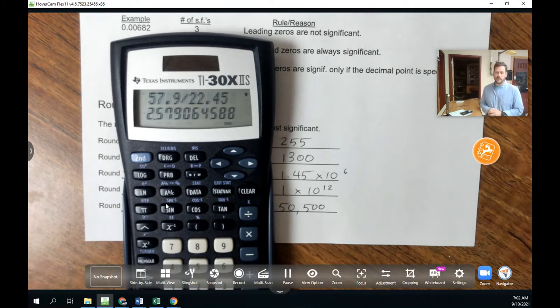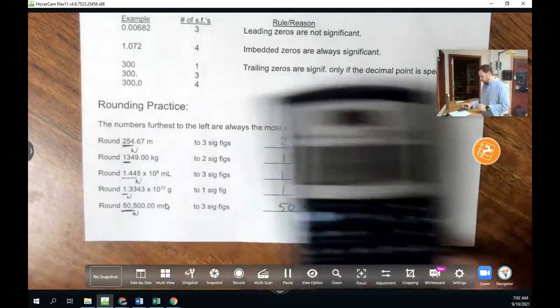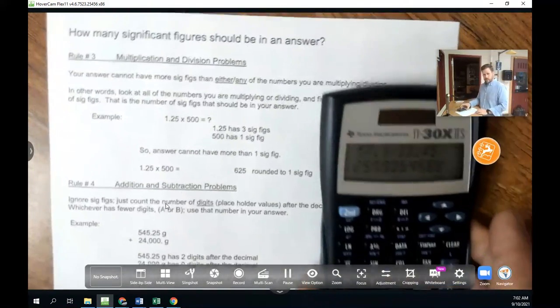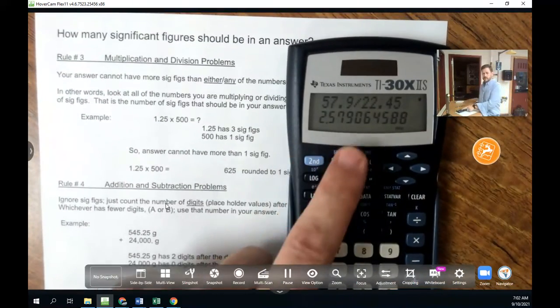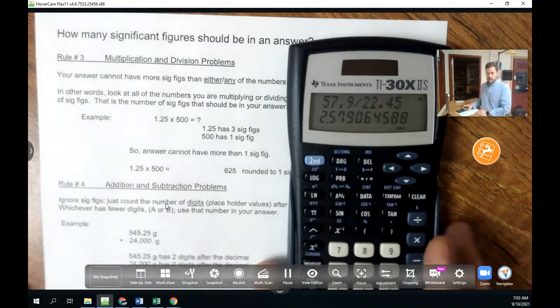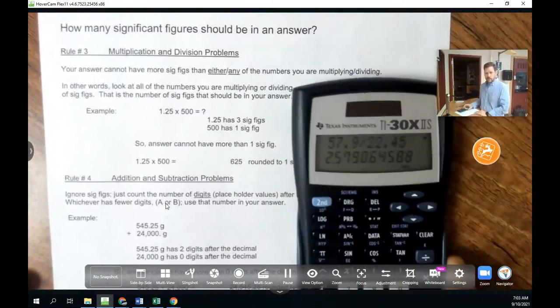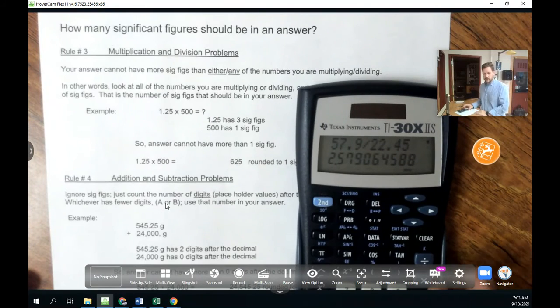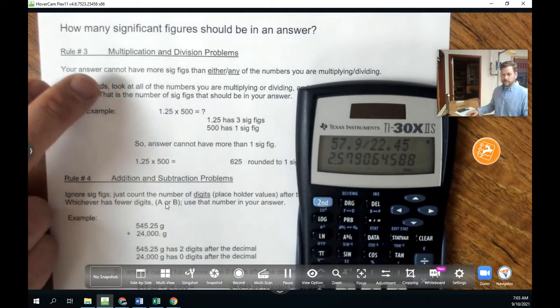So next we're going to talk about how to know how many significant figures to round our answer to. On the back of the page, those rules are explained. The rules are going to be different if we're doing multiplication or division versus doing addition or subtraction. If we're doing multiplication or division, we cannot have more significant figures than any of the numbers we're multiplying or dividing.